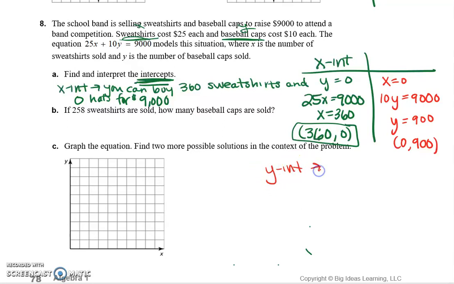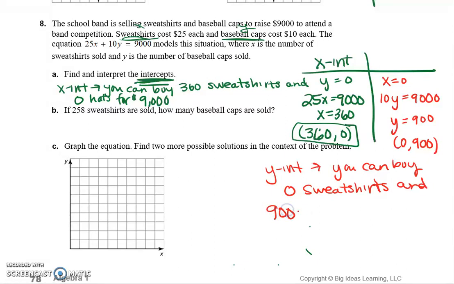So my y-intercept interpretation is you can buy 0 sweatshirts and 900 hats for $9,000.